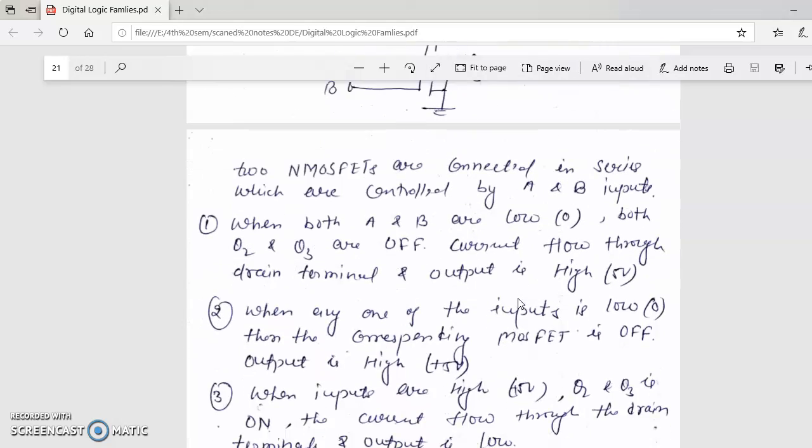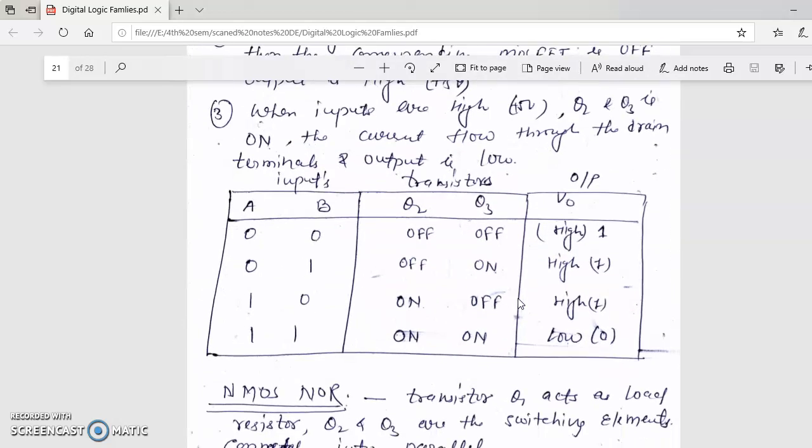After applying the four combinations of inputs A and B to transistors Q2 and Q3, for input 0 0 both transistors are off, and we get the output as logic high, that is VDD or plus 5 volt. If any one of the inputs is 0, we get the same logic high.